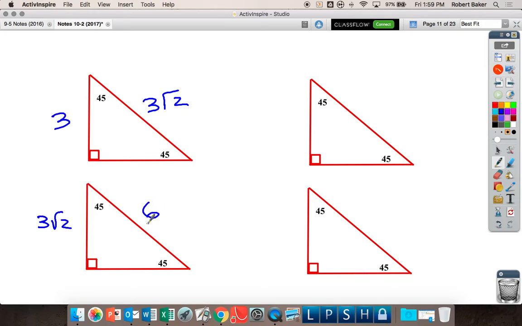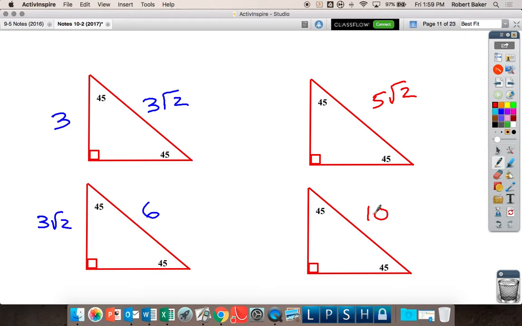Not right now. Okay? So the first scenario, you see a whole number on the leg or a radical on the leg. The second scenario is you see a radical on the hypotenuse or a whole number on the hypotenuse. Okay?